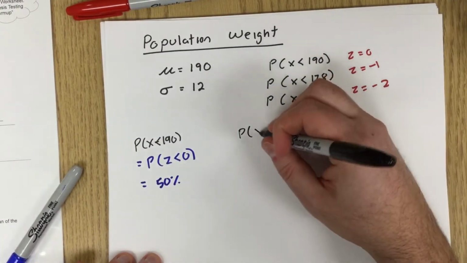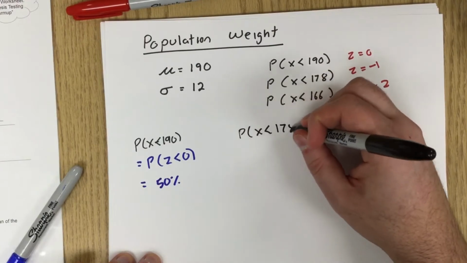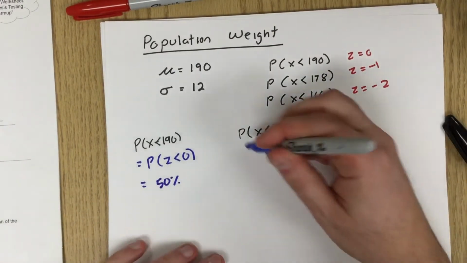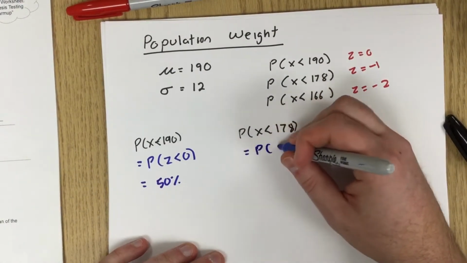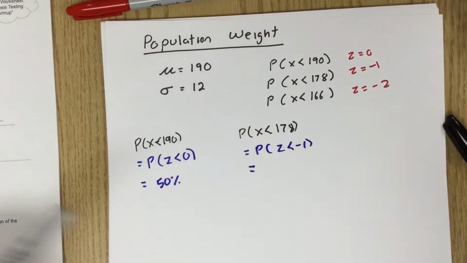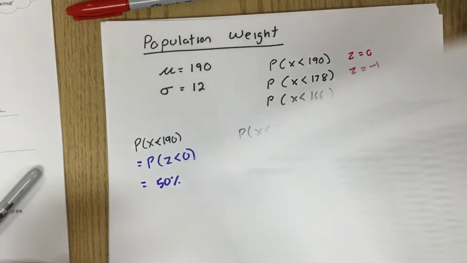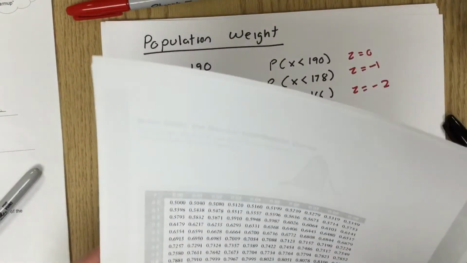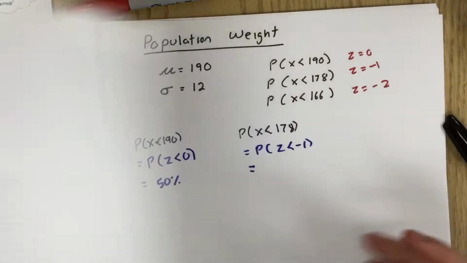The probability that x is less than 178 is going to be the probability that z is less than -1, which is 15.87%.